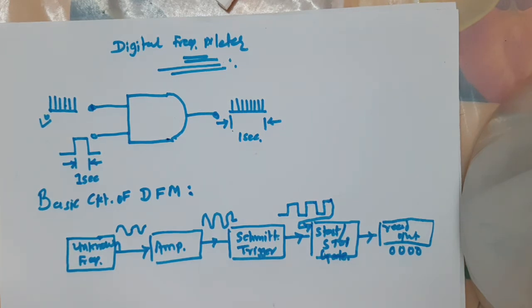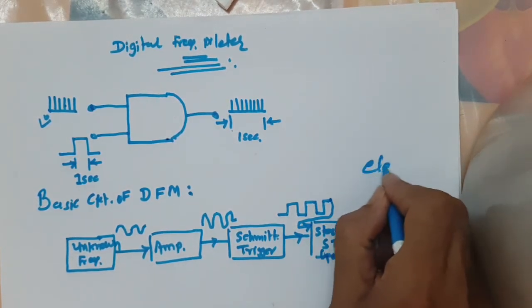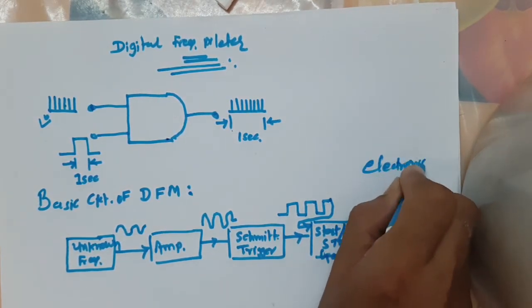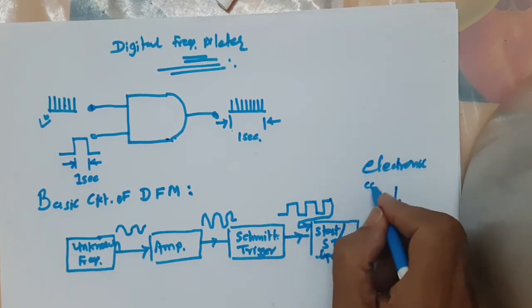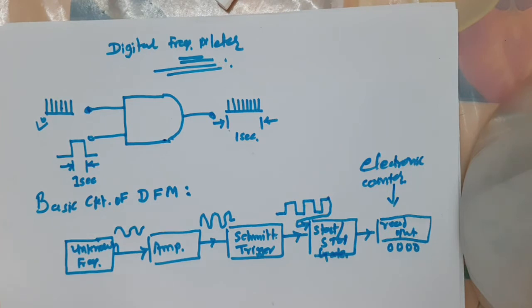When this gate is enabled, the input pulses pass through this gate and are fed directly to the electronic counter, which counts the number of pulses. This is our electronic counter. Its function is to count how many pulses come in the limited given time.